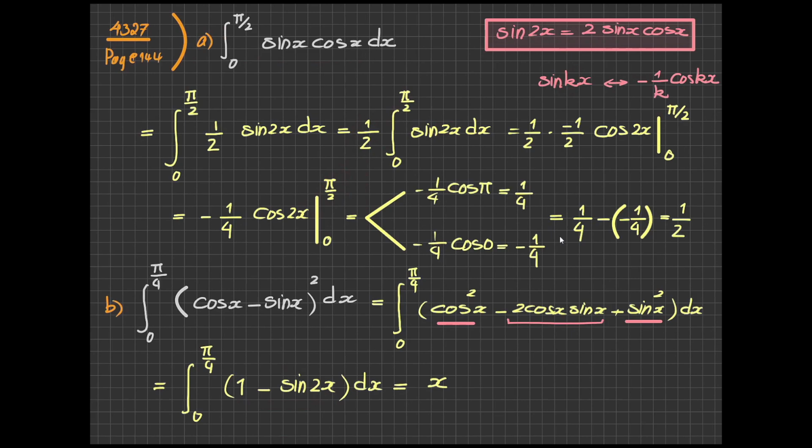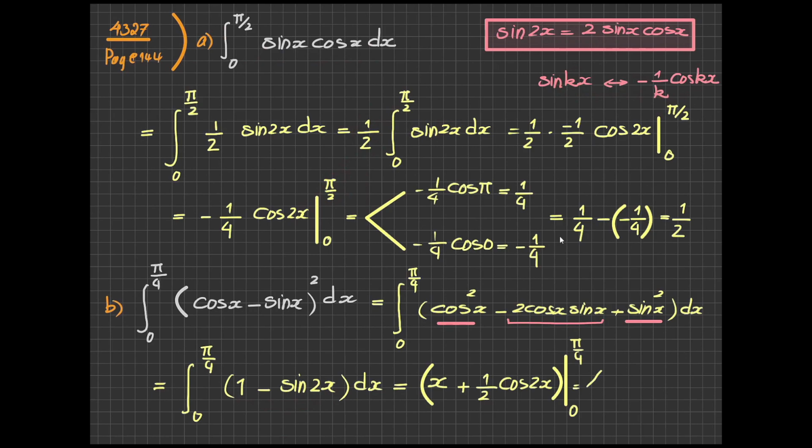I just told you a primitive function for sine kx. So it becomes minus minus, which becomes positive 1 over 2, and then you have cosine 2x. And then, of course, you have to run this from 0 to pi over 4. Oops, I have to put a vertical line in front first.